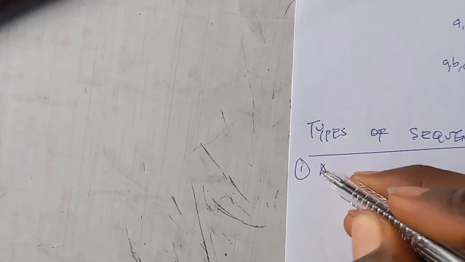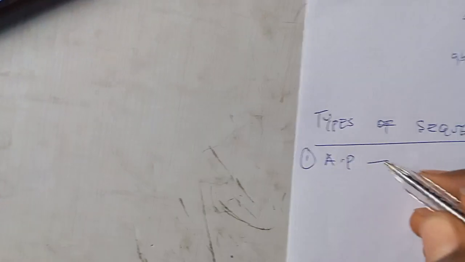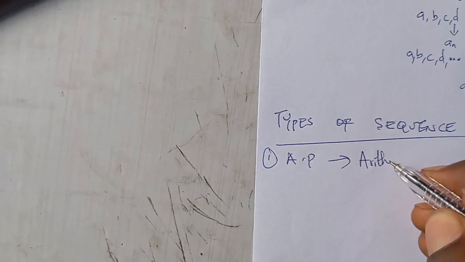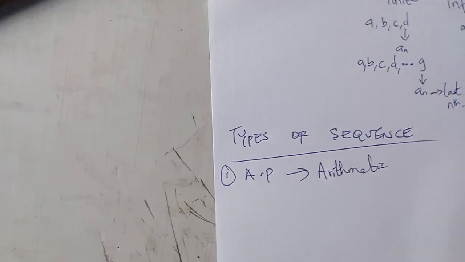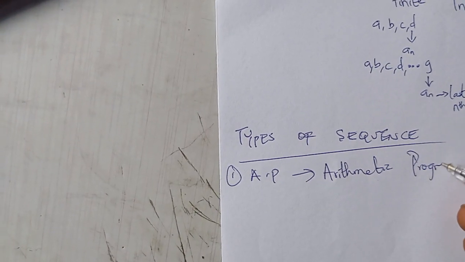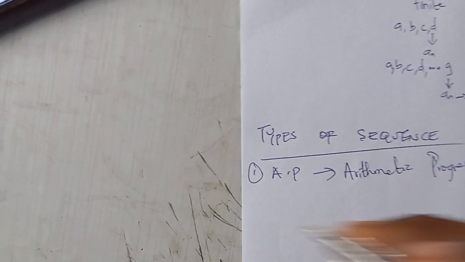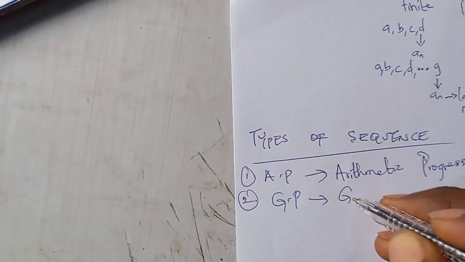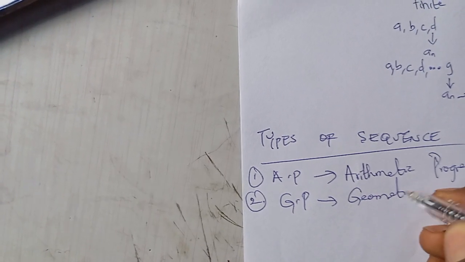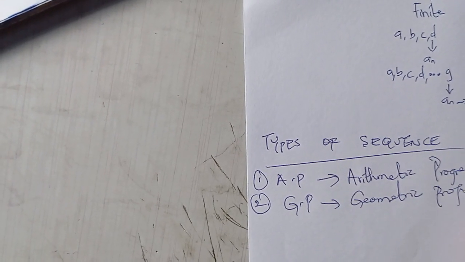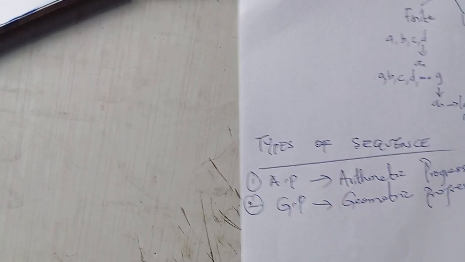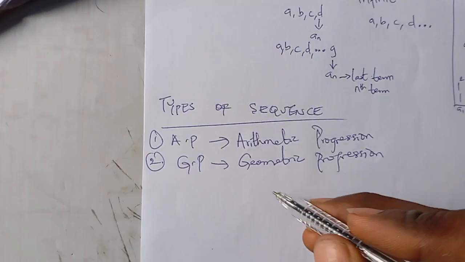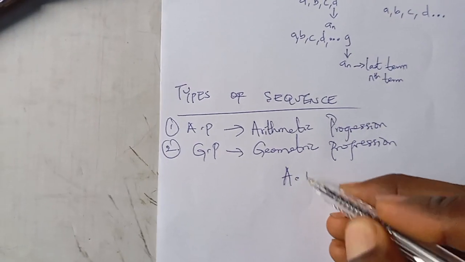We have the AP, which we call arithmetic progression or arithmetic sequence, and we have the GP, which we call the geometric progression. So let's treat arithmetic progression, AP.